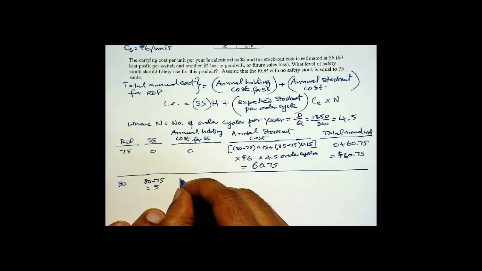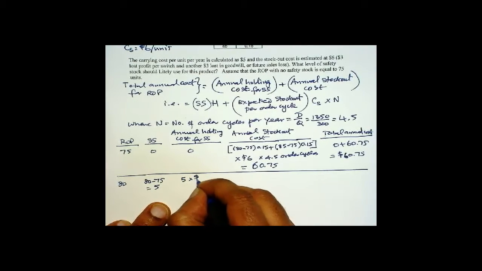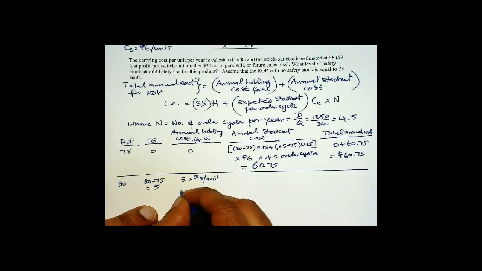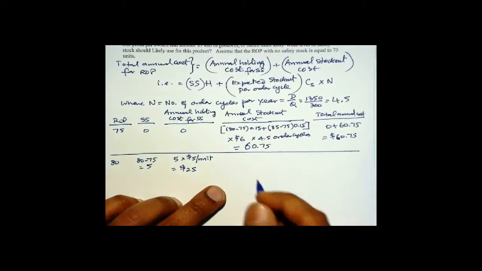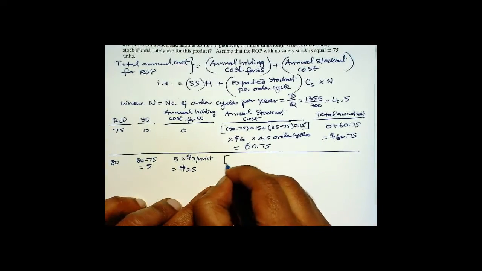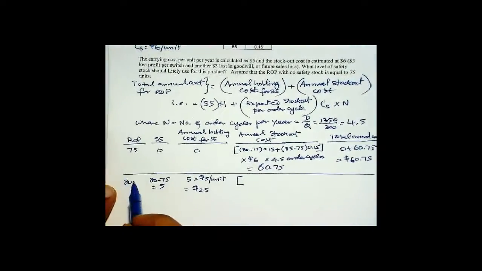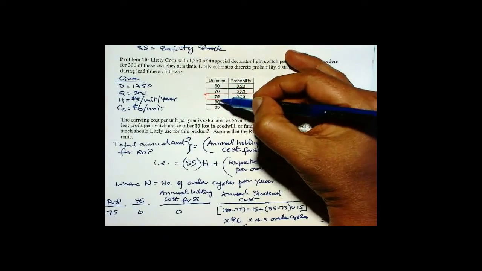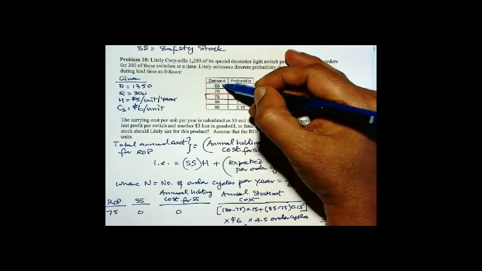So our annual holding cost for safety stock is 5 times $5 per unit, which gives us $25. Now the stock out cost: if the demand is 60, 70, 75 or 80, there will not be any stock out at all.